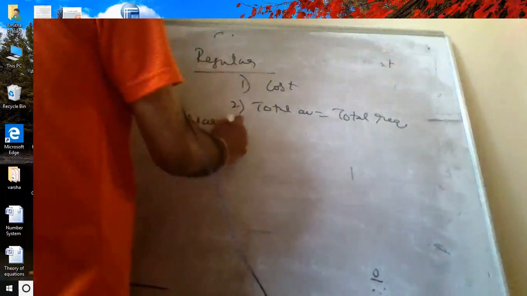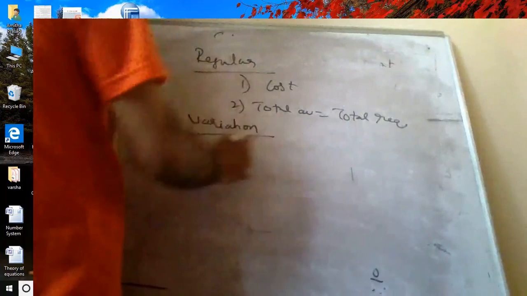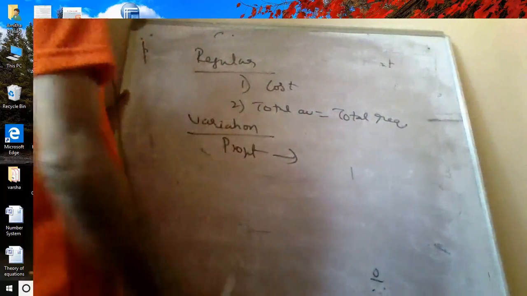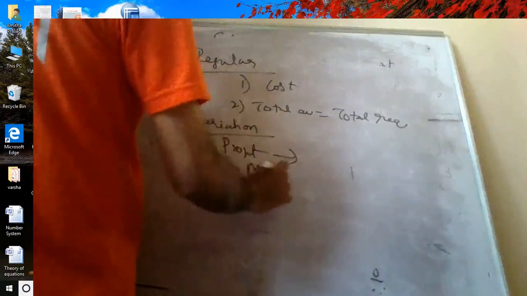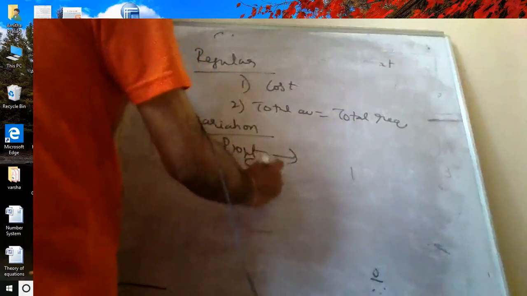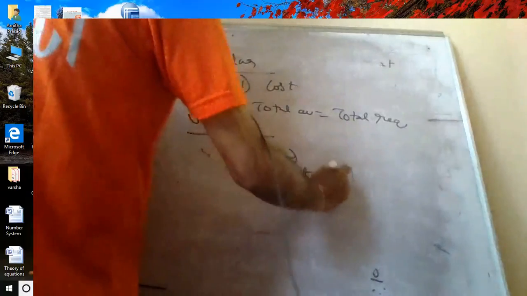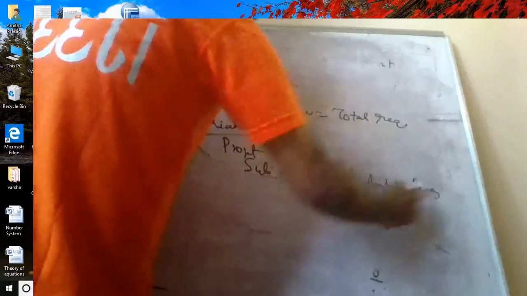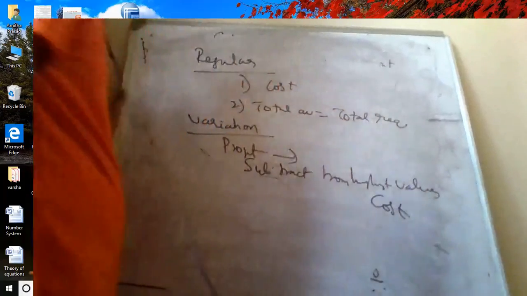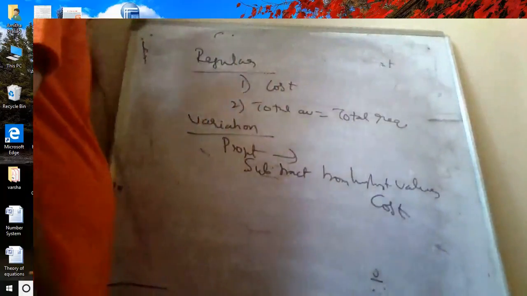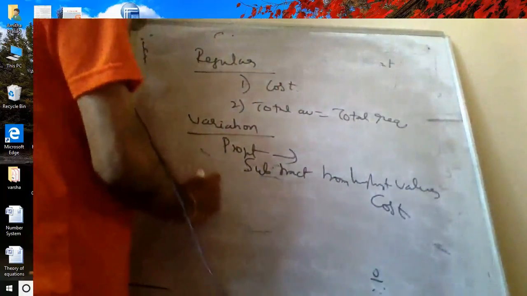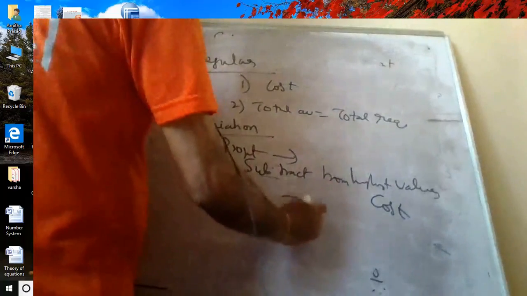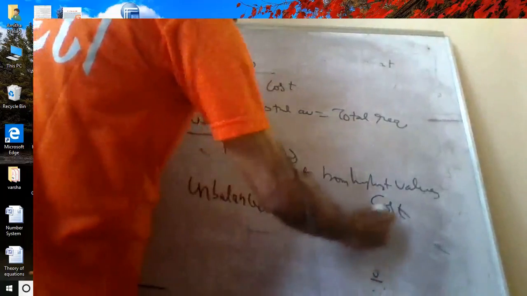Variations: profit will be given, so subtract from the highest value to convert it into cost. Unbalanced: total availability is not equal to total requirement.